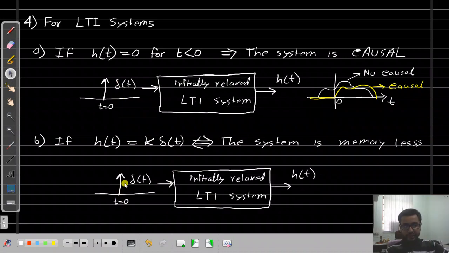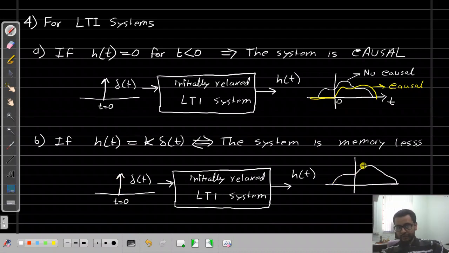We are giving δ(t) as the input, and if this impulse response looks something like this, then the effect of this input is seen even after the input is gone.